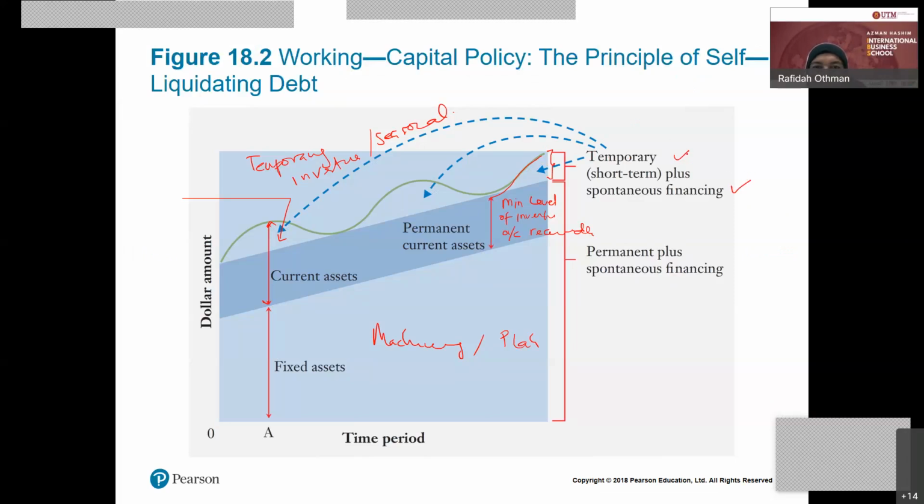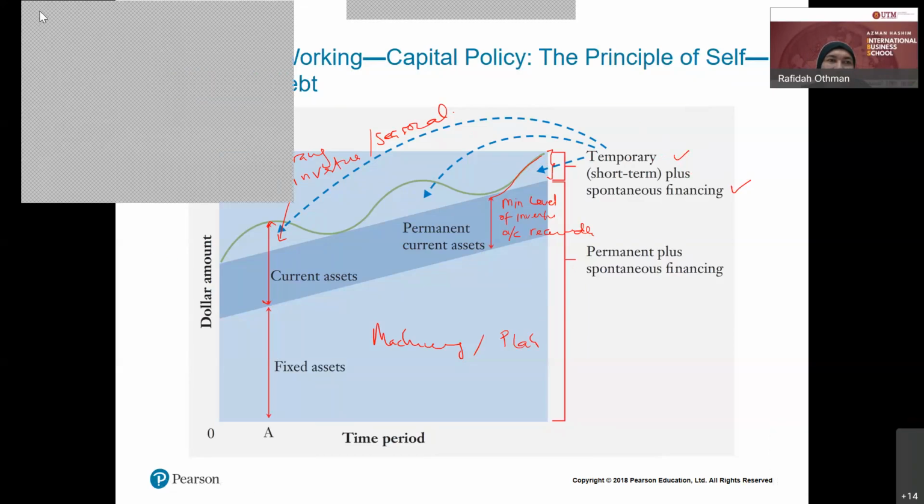So what is temporary short-term financing? What is temporary financing, Christine? Is it the short-term financing?